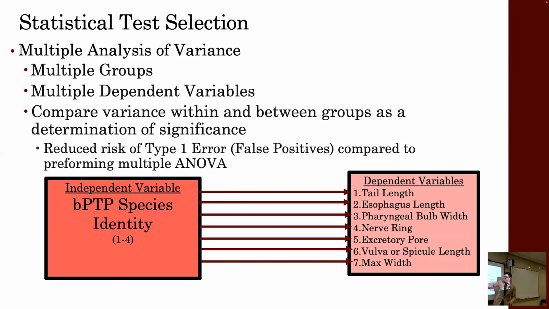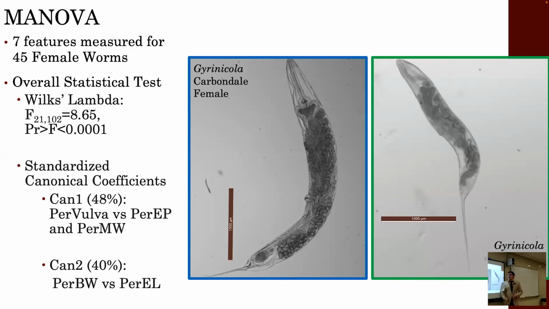For the groupings, my independent variable was that BPTP species identity. So those species 1, 2, 3, and 4 within that previous tree. And then my dependent variables were all of the measurements that I took of the worms. I did 7 features for 45 different female worms, which is a lot of work.